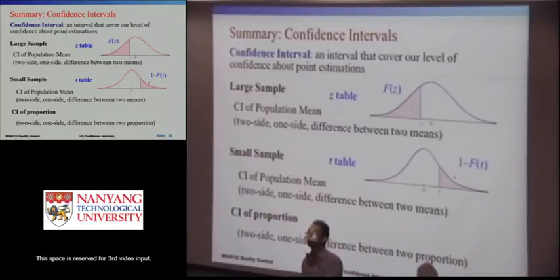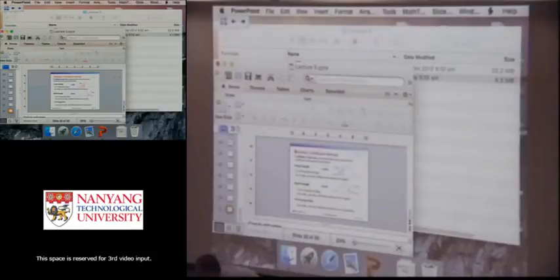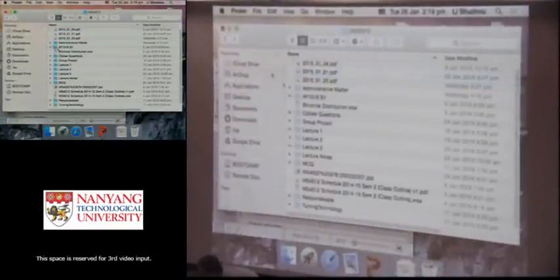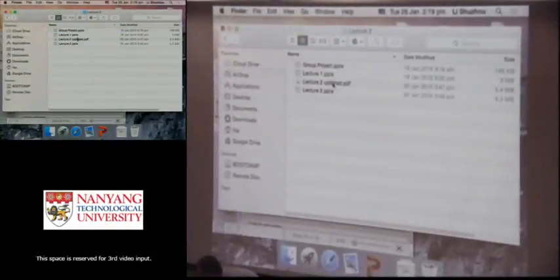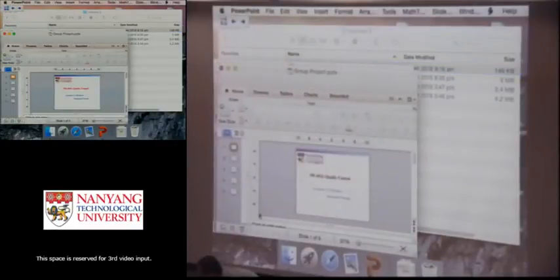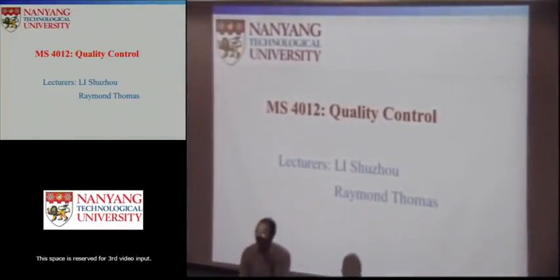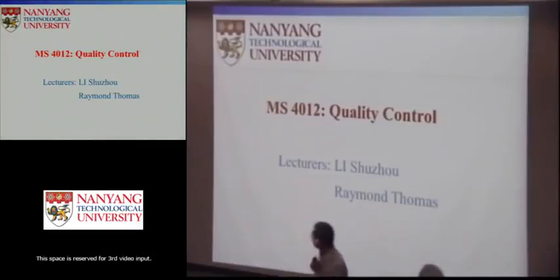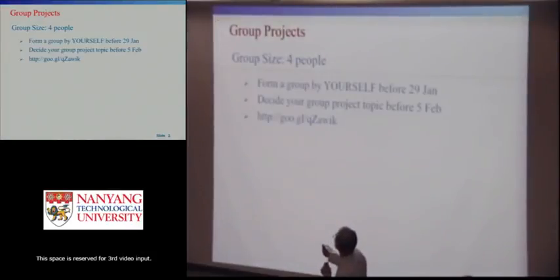Oh, one more thing. Sorry. About the group project, I forgot this. I put it in lecture 2. So for the group project, basically the group size is 4 people, and you need to form a group by yourself before this weekend. Is it too rushed?